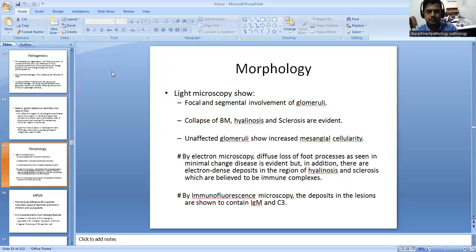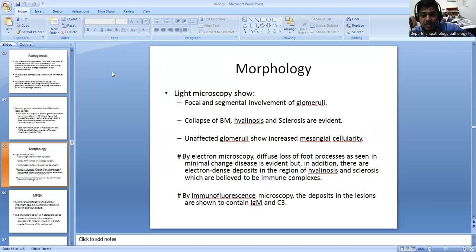Morphology. Light microscopy shows focal and segmental involvement of glomeruli, collapse of basement membrane, hyalinosis, and sclerosis. Unaffected glomeruli show increased mesangial cellularity. By electron microscopy, diffuse loss of foot processes as seen in minimal change disease is evident.